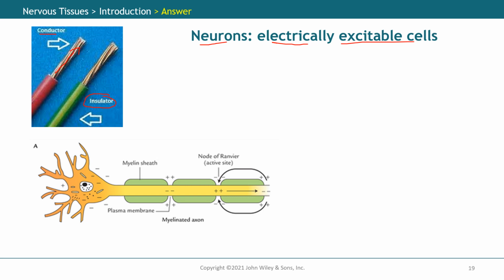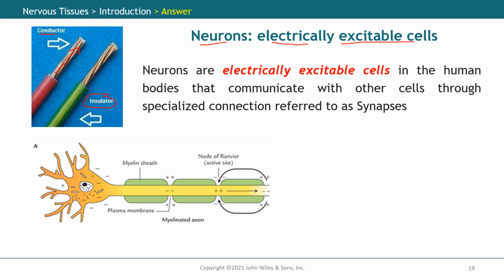So just remember, neurons are electrically excitable cells, and they communicate through a specialized connection, the synapses. Okay, so that is something that you need to write down. I know many of you know that, but we will talk about it in the next section of this lecture.